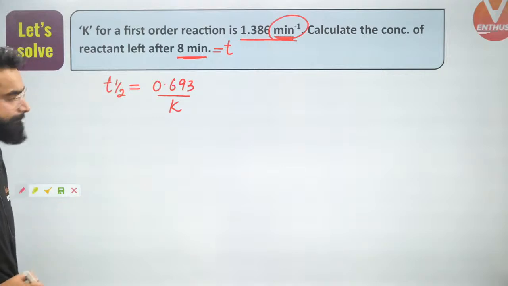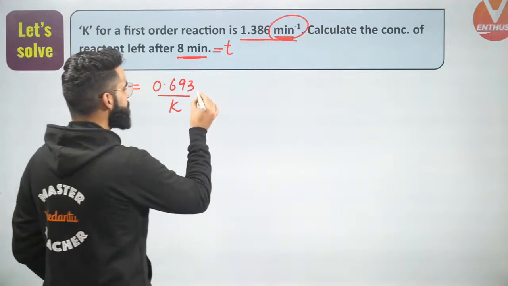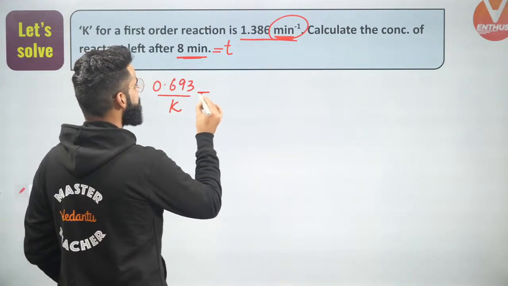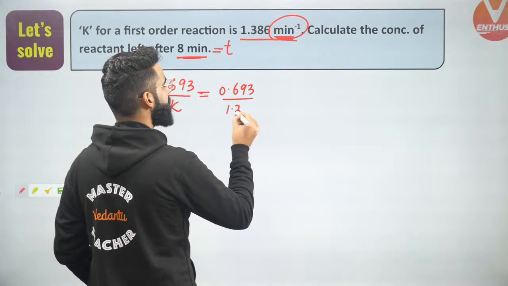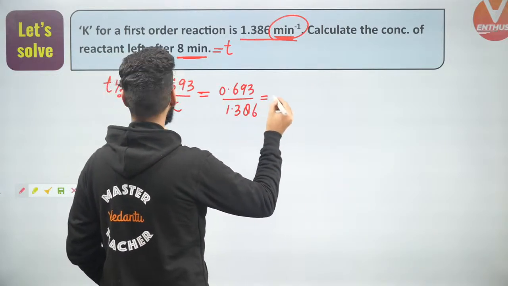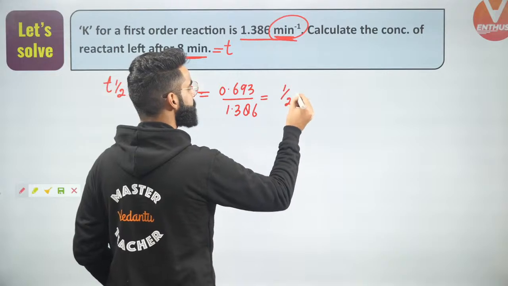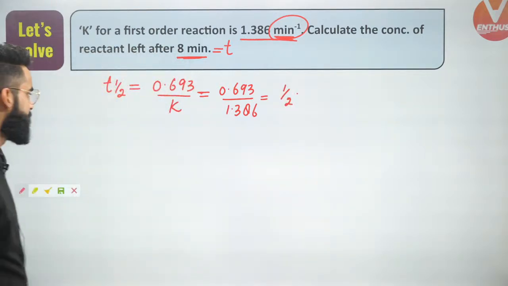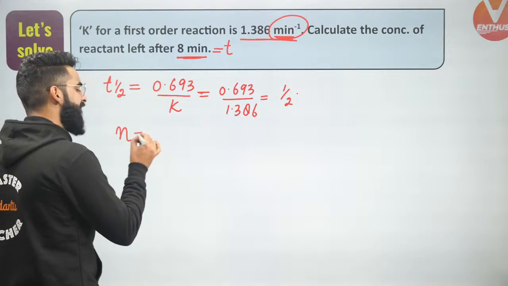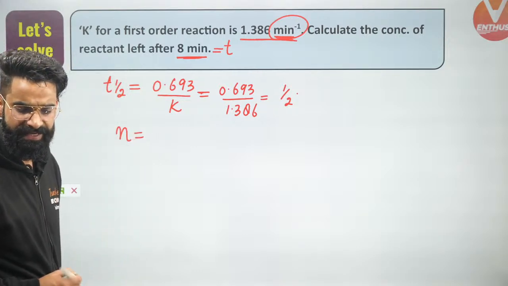The value of k is 1.386, so I'll simply get the value of t half as 1 by 2. I got the half-life of the reaction as 1 by 2. Correct. Now people, can I calculate the value of N? N represents the number of half-lives. Yes, I can do that.